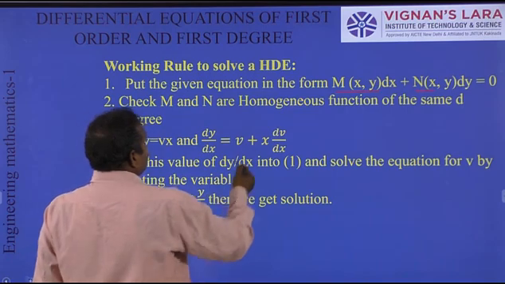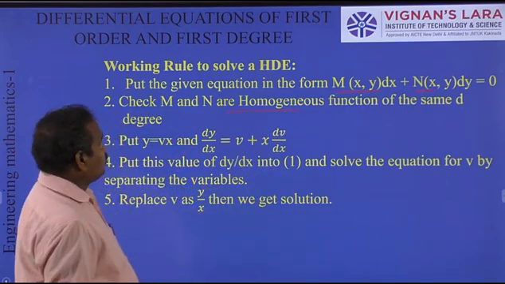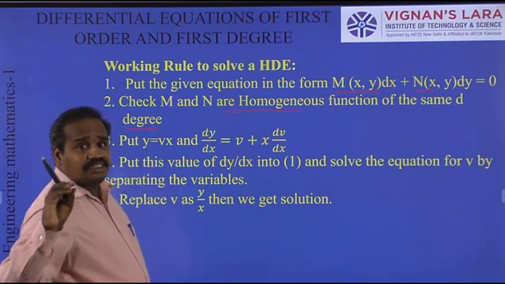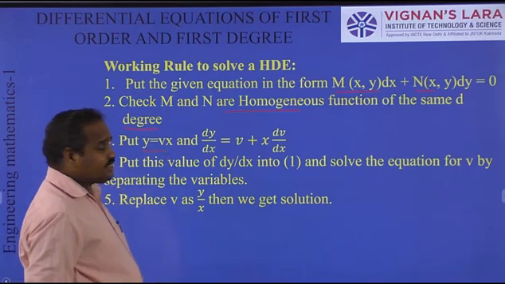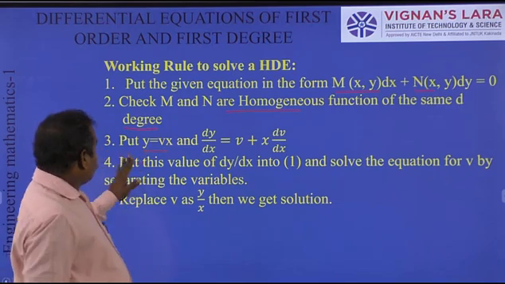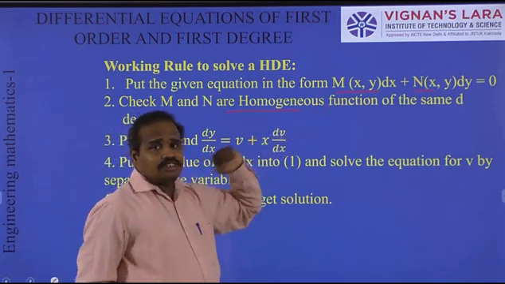After that, check whether the given equation is a homogeneous function or not, meaning whether the terms have the same degree or not. After that, we substitute y is equal to vx and dy by dx as v plus x into dv by dx in the given equation.